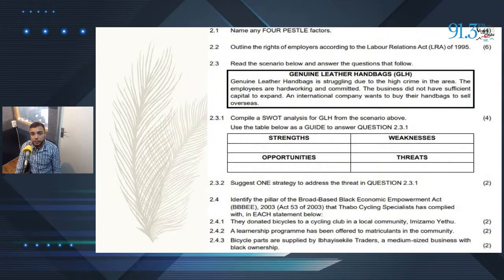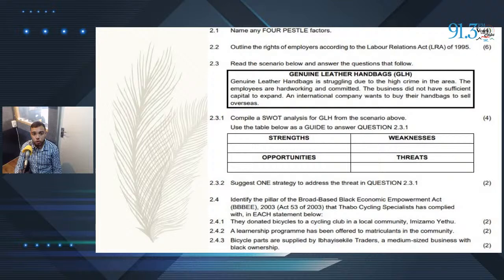Our opportunity is an international company wants to buy the handbags to sell overseas, and the threat is that Genuine Leather Handbags is struggling due to the high crime in the area. We now move on. 2.3.2, suggest one strategy to address the threat from question 2.3.1, and your answer there could be simply to provide more security or work closely with the police forum in the community.